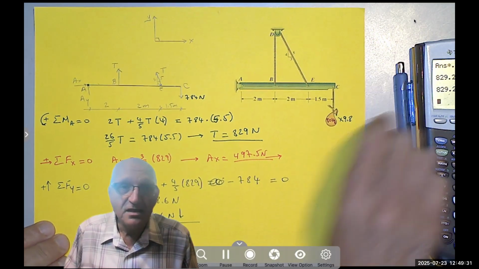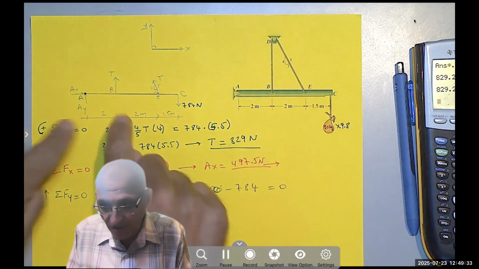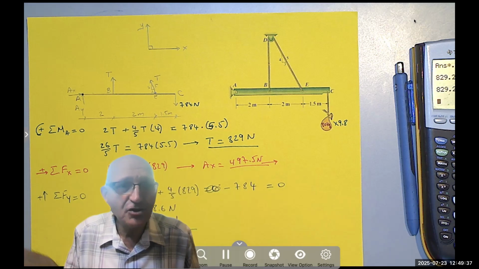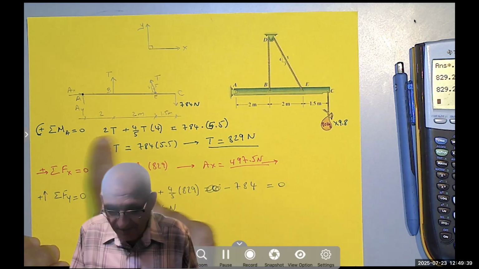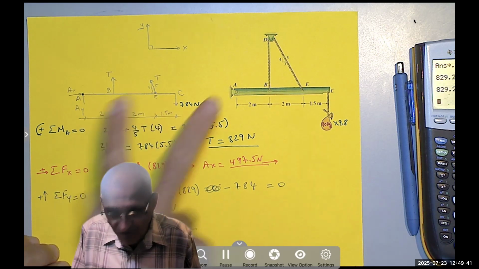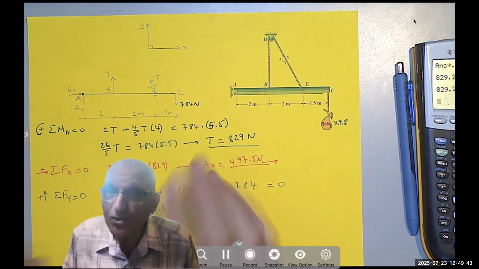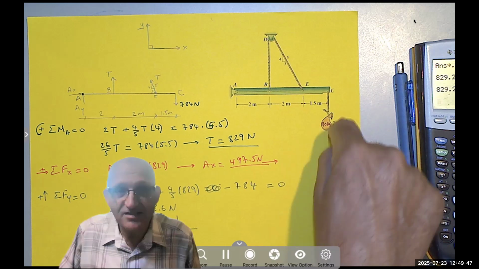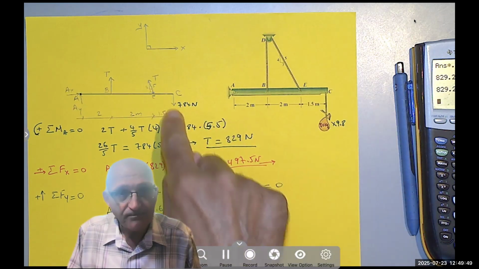Okay? So again, we drew a complete free body diagram with dimensions. Why did I draw the dimensions? Because I used them. I used the 2, I used the 4, I used the 5.5. If I'm not going to use something, I don't need to show it. I used the weight, so I had to show it.